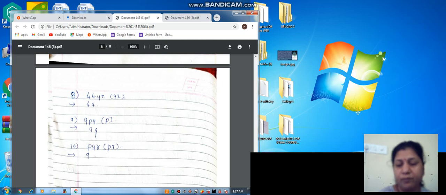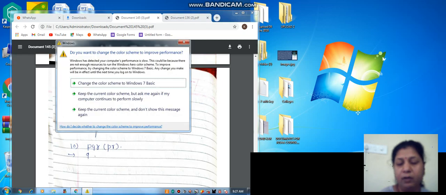Suppose abc comma ab. Here in the first term a, b and c are the variables. In the second term there are a and b, only two variables. So they are unlike terms. xy comma yx. Here x is present in both terms, y is present in both terms. So they are like terms.